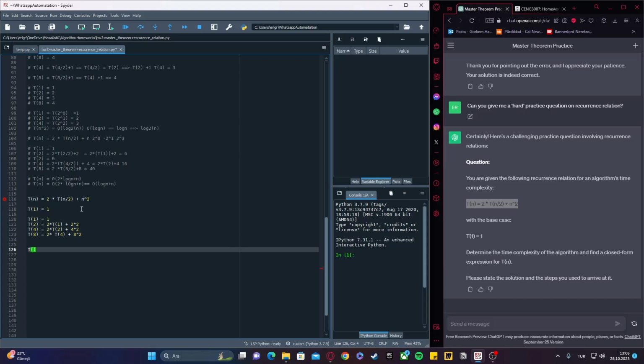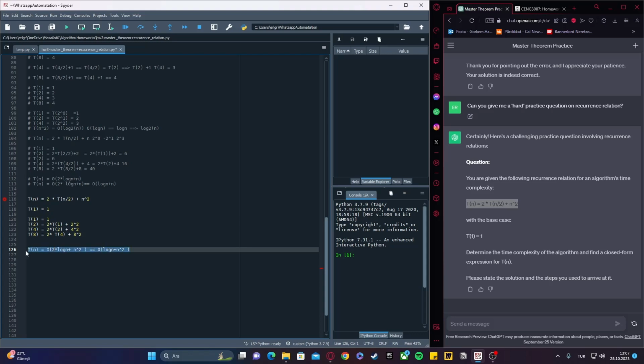Okay, so T of n is equal to O notation, and 2 times, for this one must be log n, of course log base 2 of n, plus n over 2. So this is also actually equal to log n plus n over 2.